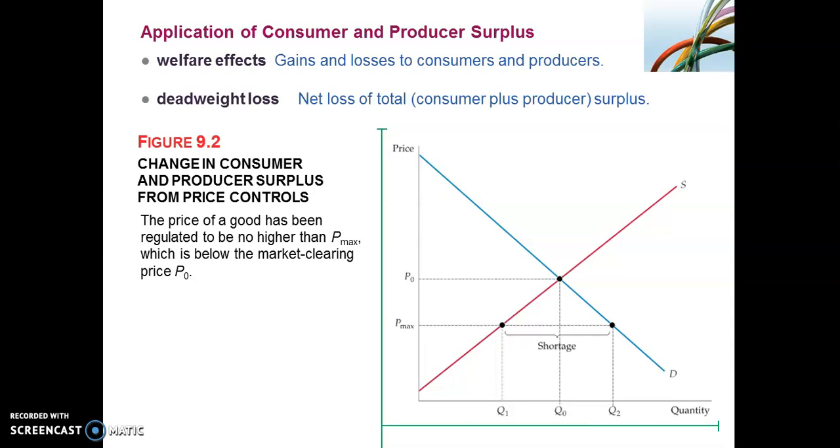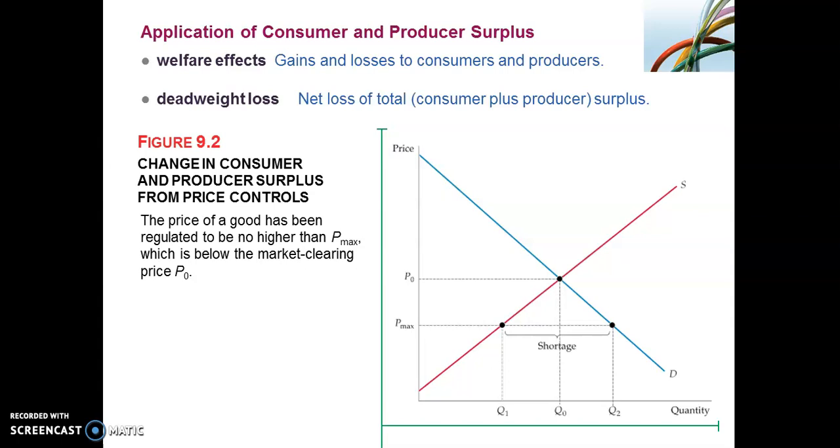Now, when government sets a price ceiling or a maximum price, that is given by this price Pmax. Remember, for a price ceiling to be effective, it has to be below the market clearing price. So producers can't charge a price higher than Pmax. Because the price is lower than the market clearing price, the quantity demanded increases from Q0 to Q2, as consumers demand more at a lower price.